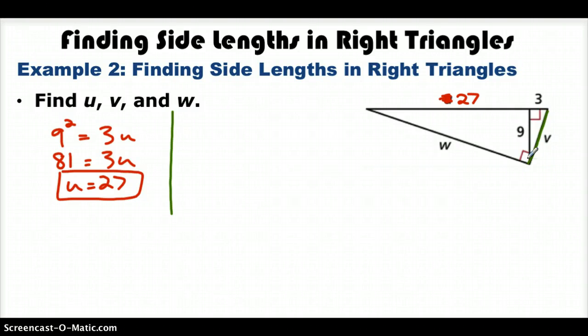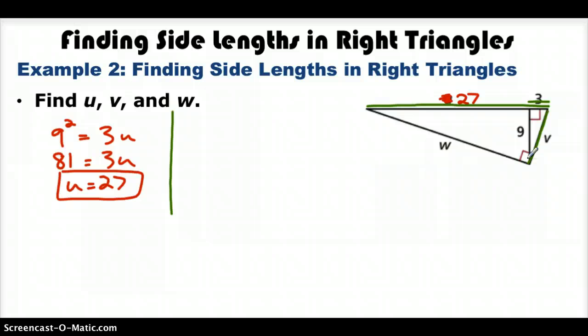This corollary of the theorem that we've been discussing says that the leg is going to be the geometric mean of the entire length of the hypotenuse multiplied by the adjacent section of the hypotenuse to the leg. Again, adjacent meaning connected or joining.